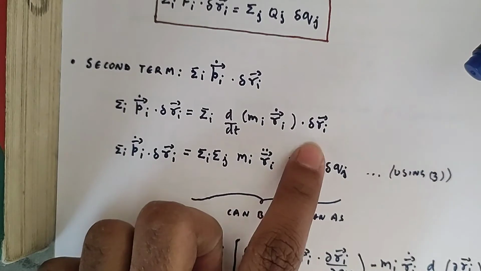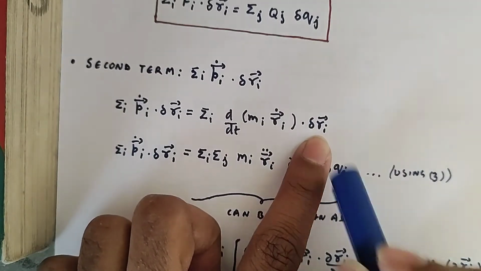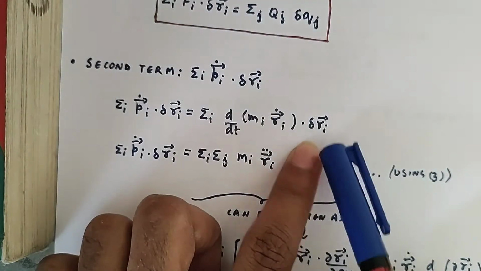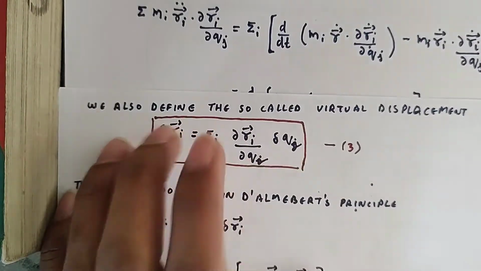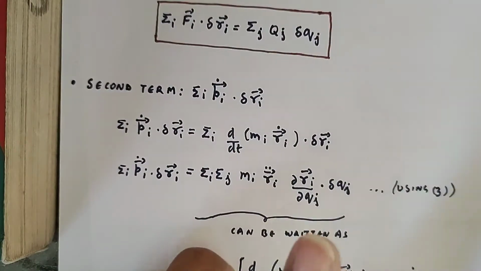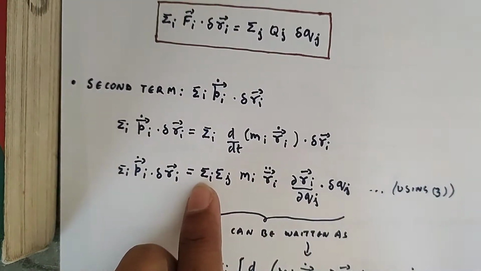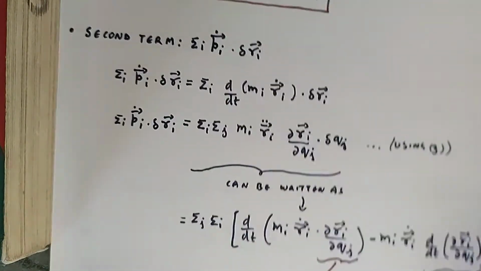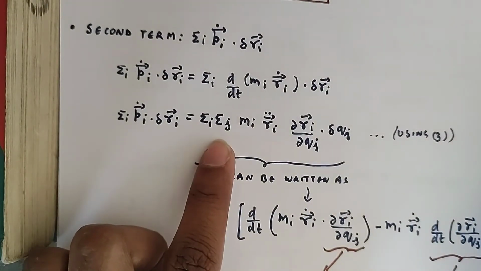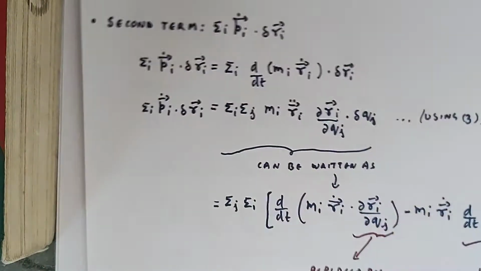So again I use the definition of the virtual displacement. My delta r_i vector has this particular value, so I use this value over here, and I get the summation. I have two summations, a summation that goes over i and a summation that goes over j.